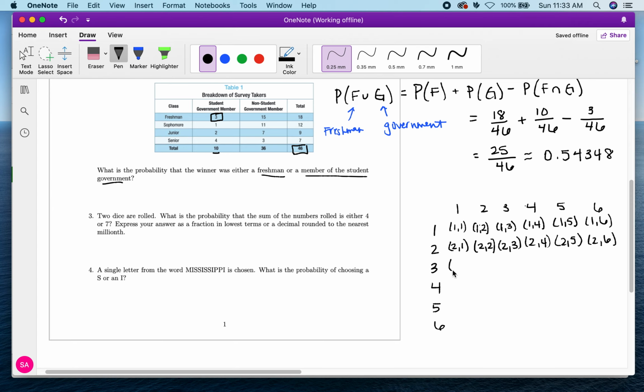We could roll a 3 for the first die and a 1 for the second die, a 4 and a 1, a 5 and a 1, or even a 6 and a 1. I didn't fill all these others in, but it's the same idea. If I stick with this bottom row, I could roll a 6 and a 2, or a 6 and a 3, all the way out to a 6, comma 6, which is a sum of 12.